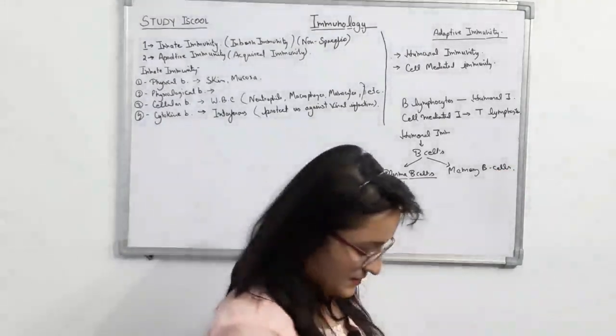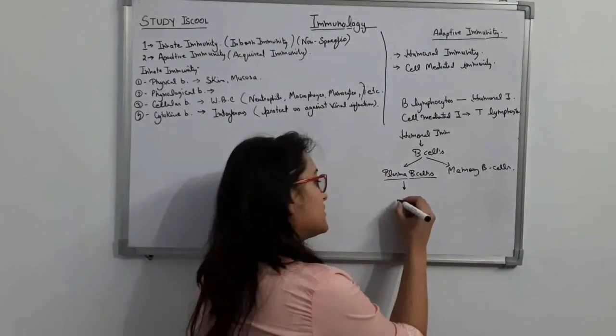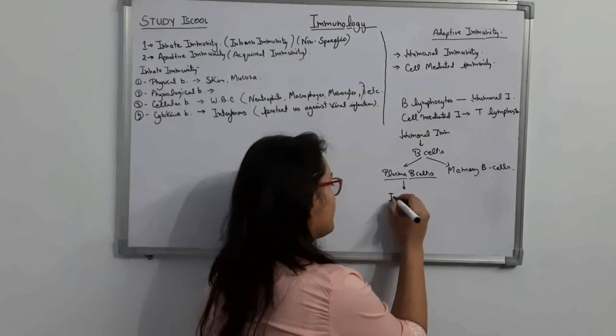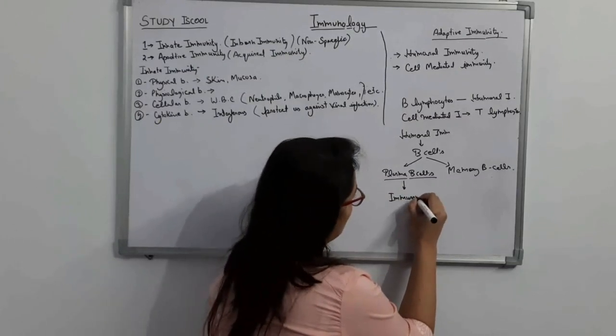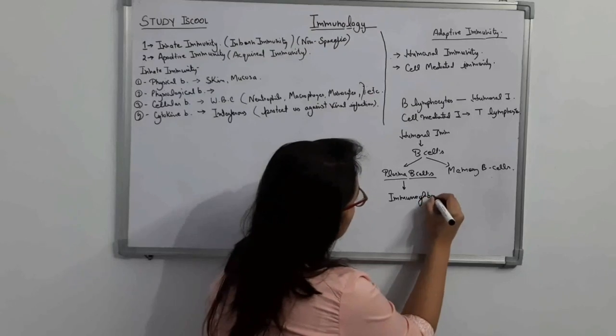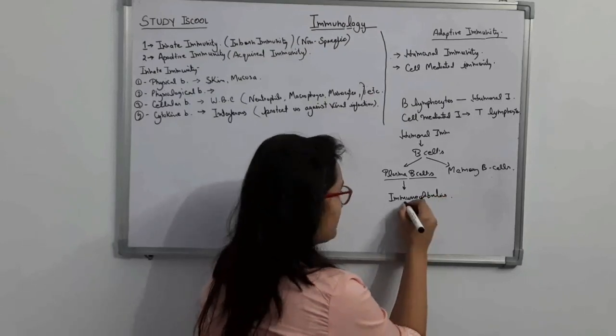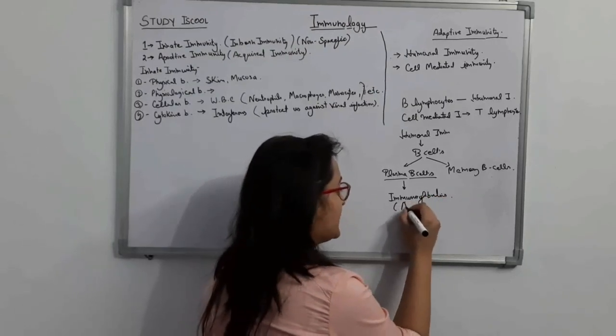Plasma B cells are converted further into immunoglobulins. Immunoglobulins means antibodies.